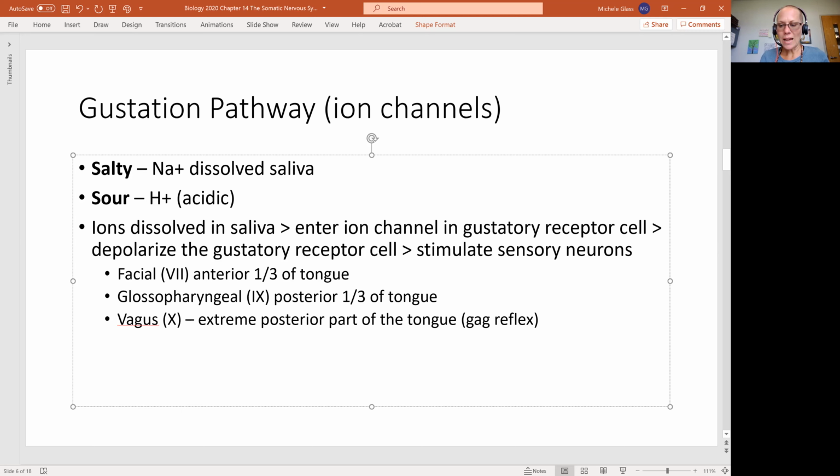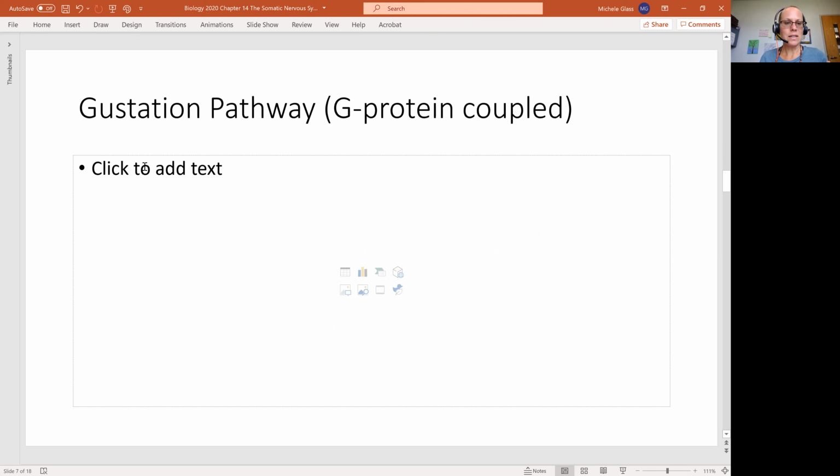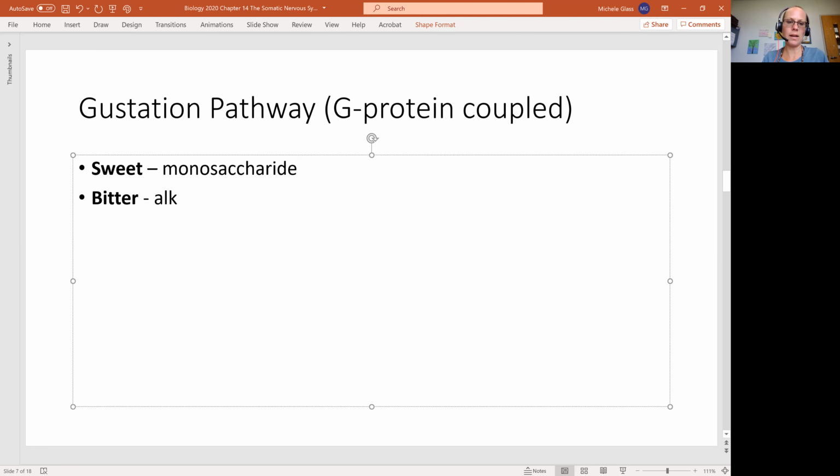let's look next at our sensations of sweet, which is a monosaccharide, or bitter, which is something that's usually alkaline. Collectively, we can talk about those as alkaloids.